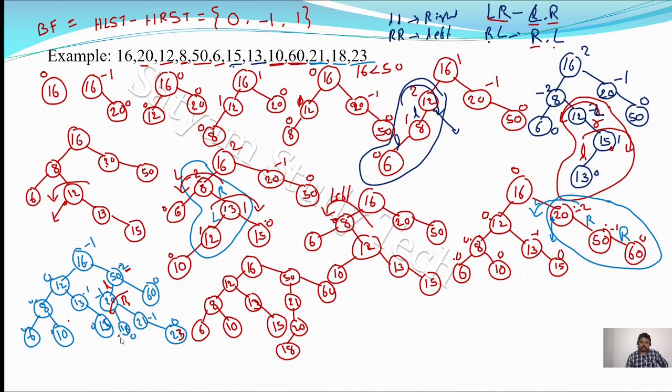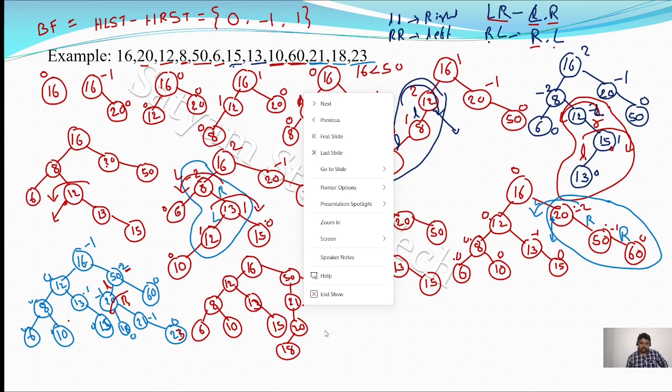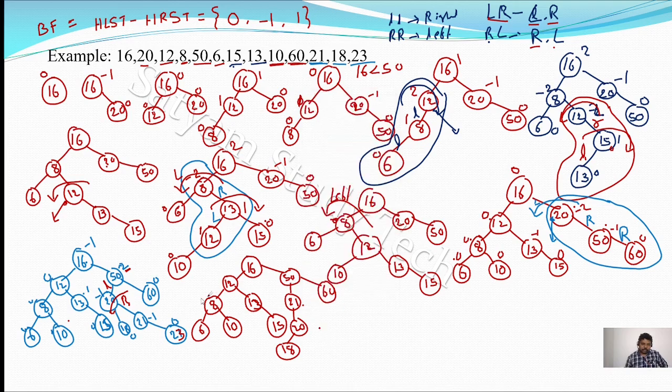Okay, 20 left is 18. Okay, 21 right is 23, right? Here 23. After performing left rotation, you have to perform right rotation.